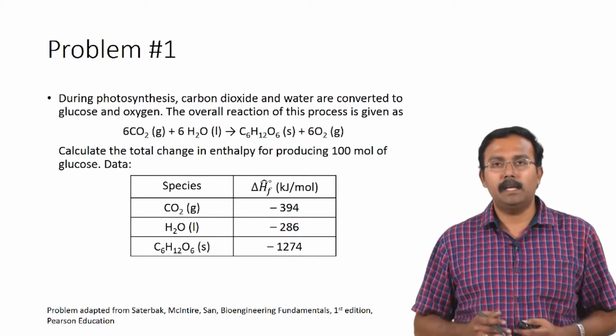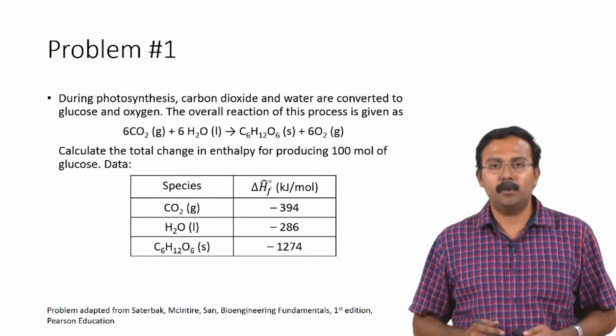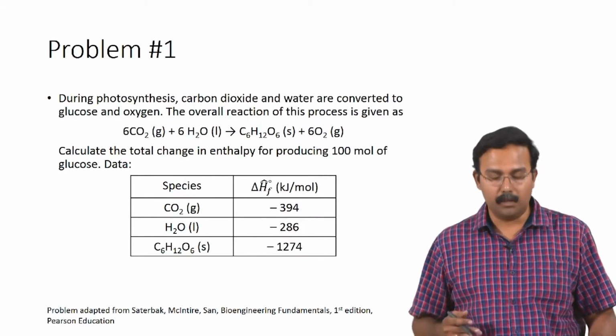This information can be obtained once we know the heat of reaction. The heat of reaction can be calculated using the heats of formation that have been provided to us. Let us look at the heat of formation components and try to apply the equation which is built on Hess's law. So, the equation for heat of reaction would be sigma of products nu i delta HFi, where HF is the heat of formation and nu i is the stoichiometric coefficient, minus sigma of reactants nu i delta HFi.